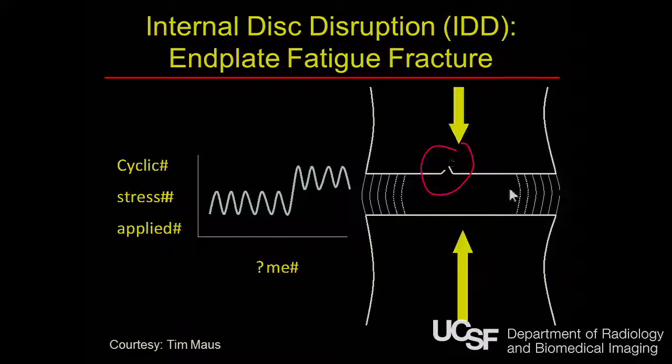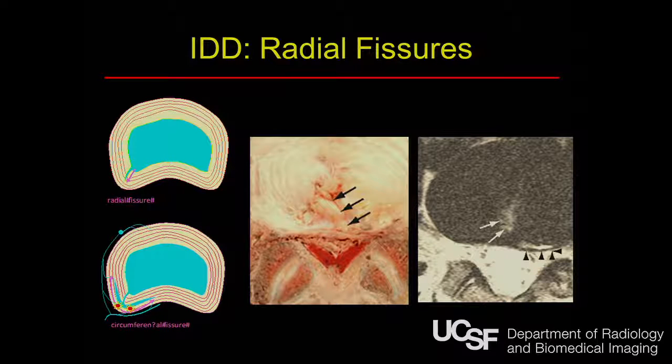That puts abnormal stresses on the annulus and causes the annulus fibers to separate, and then that precipitates the formation of radial fissures, okay? And it's these radial fissures that are a distinct and unique feature of internal disc disruption or discogenic pain.